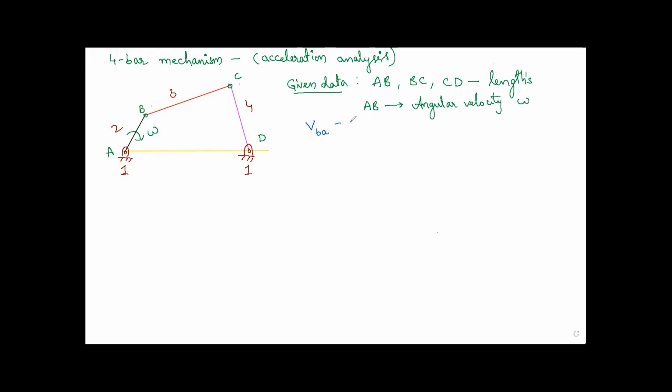Velocity, as we all know, is omega into R: the angular velocity of link AB and the radius. So velocity of B with respect to A is equal to omega of AB times the link length, because we are finding it at point B.